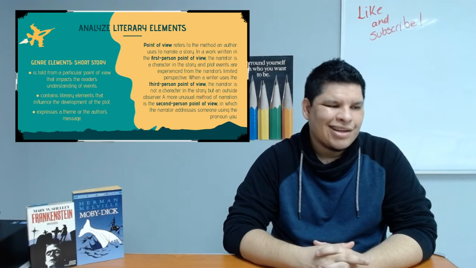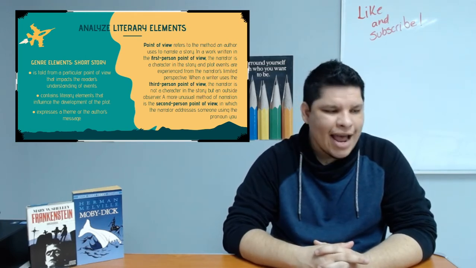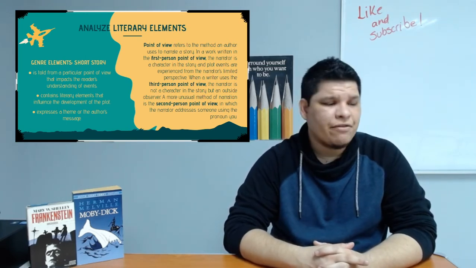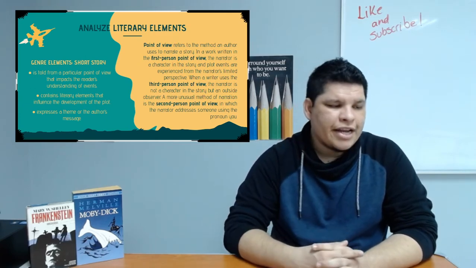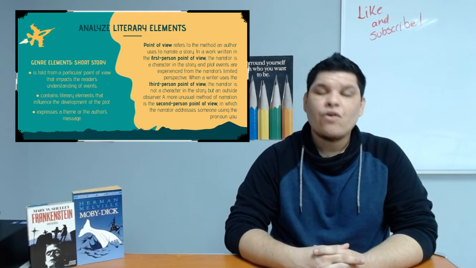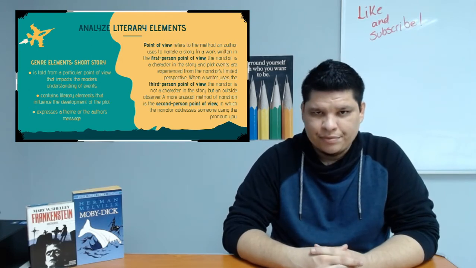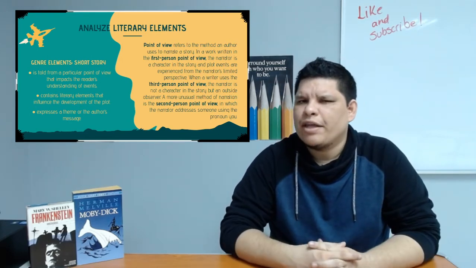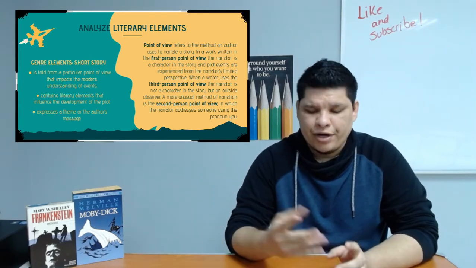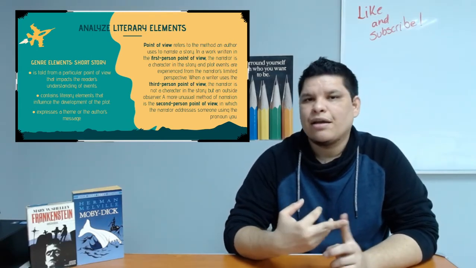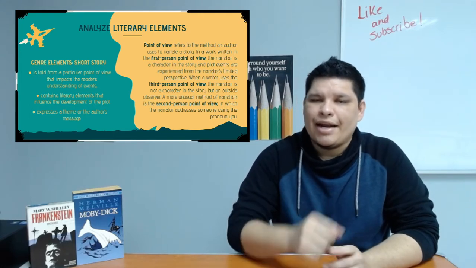Second, it contains literary elements that influence the development of the plot. Number three, it expresses a theme or the author's message, something that we might call a moral. Remember, there are four basic elements to a short story: plot, setting, characters, and theme.